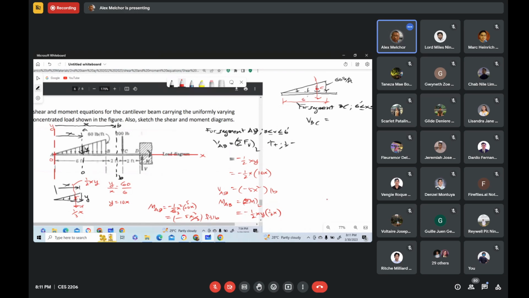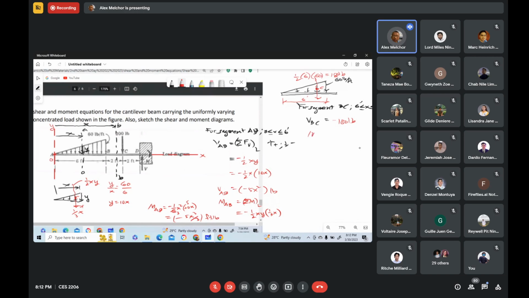So that is 6 feet. So we have 1/2 times 6 times 60. This gives us 180 pounds, right? So to the left of that section, we have only that force acting. So we have only minus 180 pounds. So that is now the shear equation for segment BC.